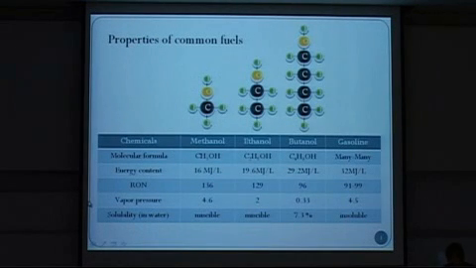This table compares several alcohols to gasoline that we can use as alternative energy. As we can see, butanol has higher energy content compared to methanol and ethanol, and it is almost the same as gasoline. The octane number of butanol, however, is lower than these two alcohols, but a 96 octane number is not too bad for cars.